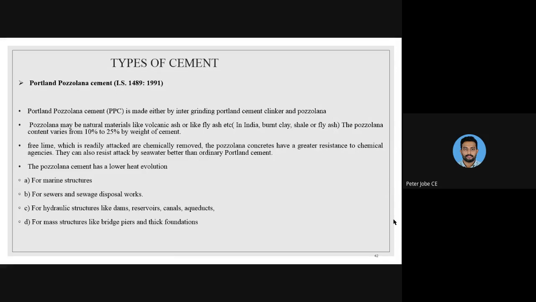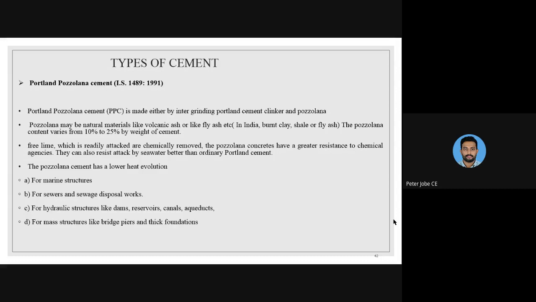Also some harmful gases are produced, especially H2S and SO2. Most of them are acidic, and these acidic gases can attack the basic calcium oxide. Hence if we remove the calcium oxide and replace it with pozzolanic materials, which have better resistance to these chemical attacks, it will be better.